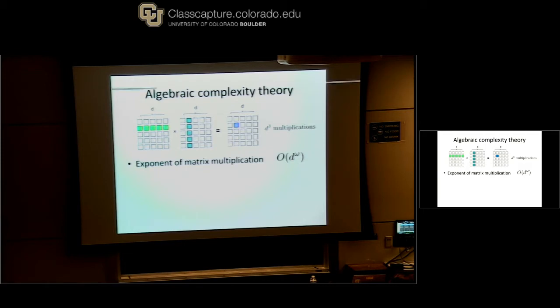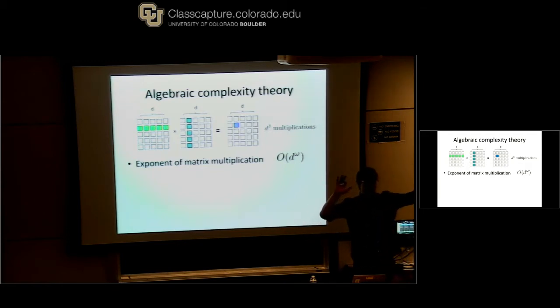Well, Strassen's decomposition allows you to do it with 7 only. So multiplying 2 by 2 matrices with Strassen, you can do with 7 multiplications. This would still have been boring. People would have said, okay, fine, now you can multiply 2 by 2 matrices with 7 instead of 8, but who cares? But what it actually does is you can iterate this. It works on block matrices.